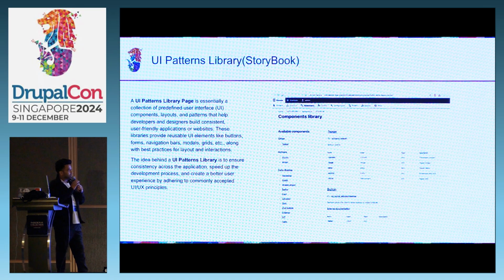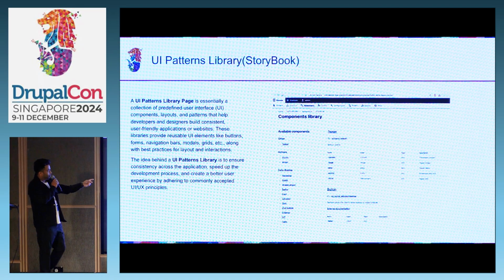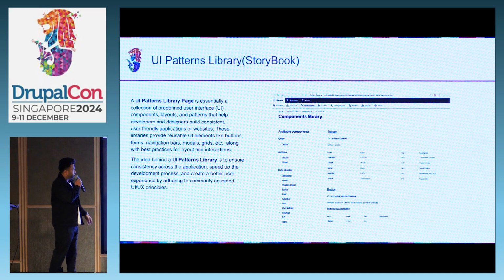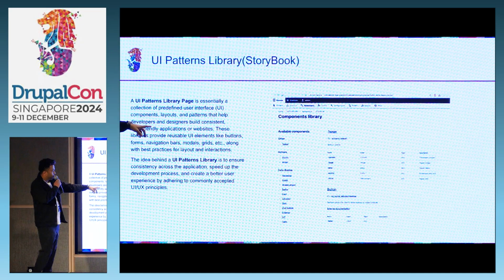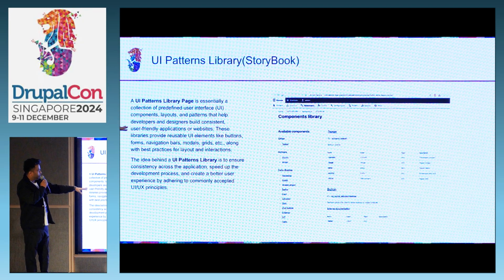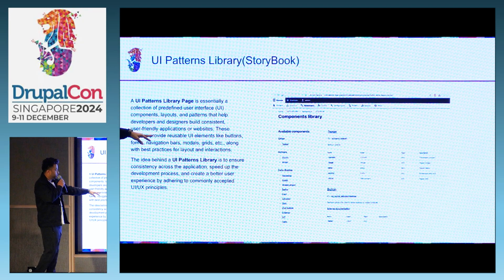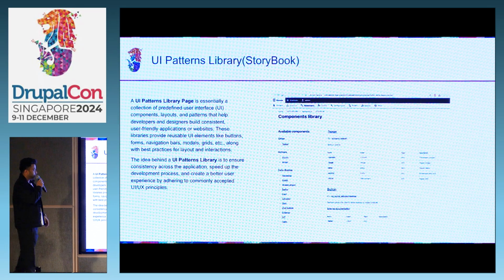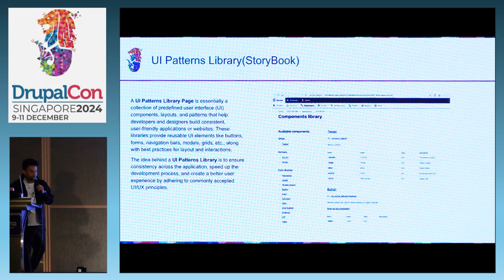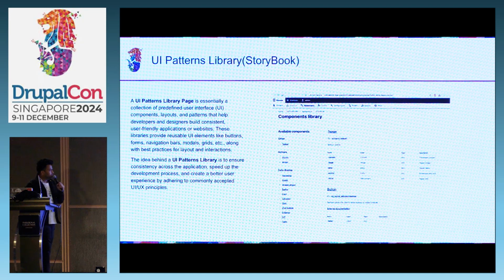The same thing is there if you see the URL. All the components it will give you, and according to the component it will give you what all properties it has and all the needed information when you build a new component on your site, or for development purposes or documentation purposes.